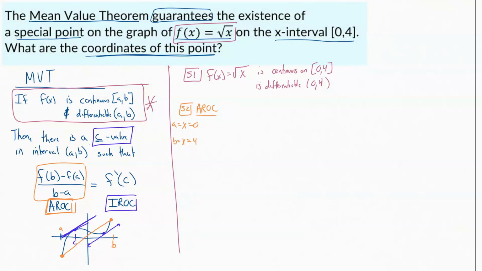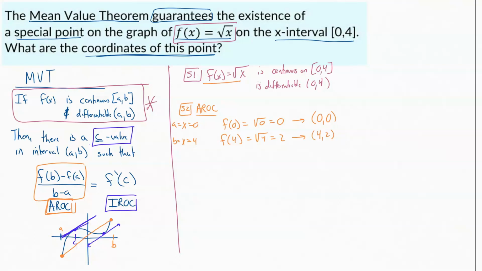We need the y values off of there because we're just really doing a slope setup. So we would do f of 0 equals, plugging 0 into our equation they gave us, the square root of 0 equals 0. And then plugging in 4, f of 4, the square root of 4 is equal to 2. So what we know right now is we have the point 0, 0, and we have the point 4, 2.